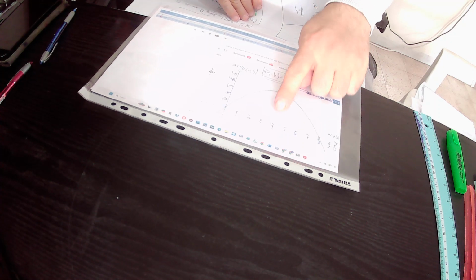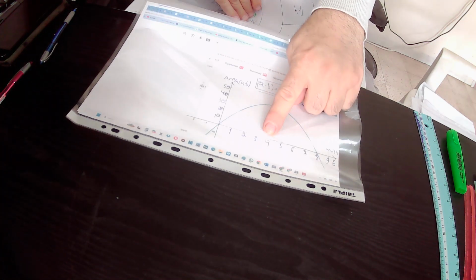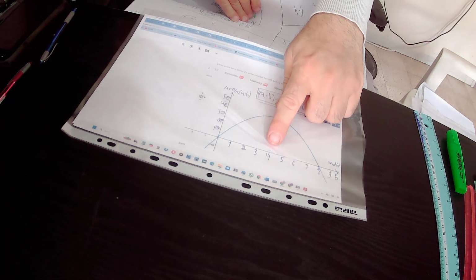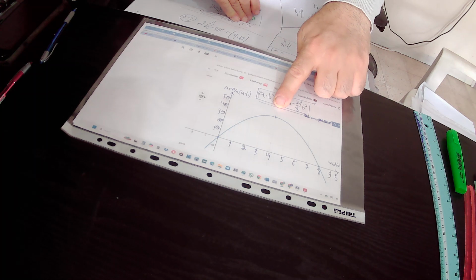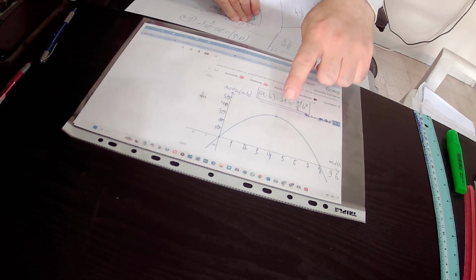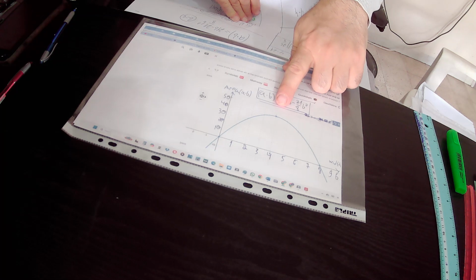And it is very easy to see from the graph that when b equals to 4 units, then the area is a little bit greater than 40 square units. And from the graph we can see that when b equals to 4, we have here a maximum extreme point.